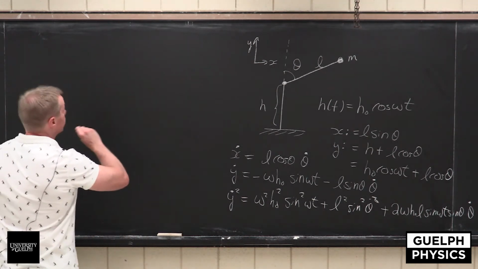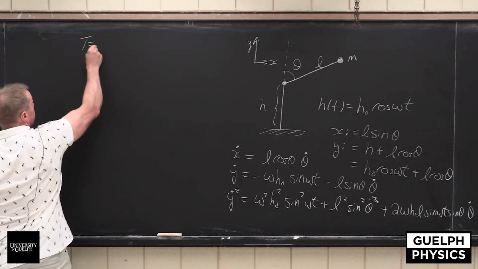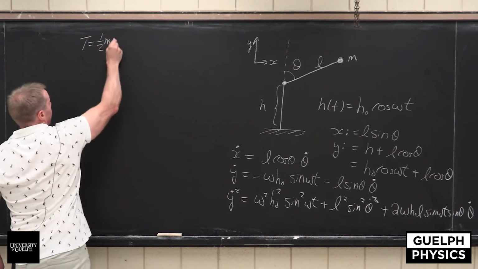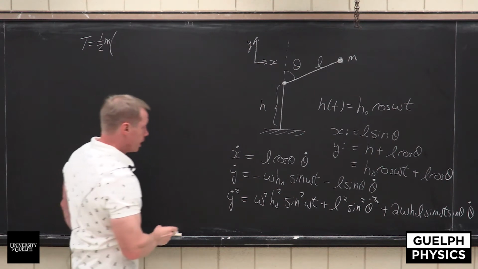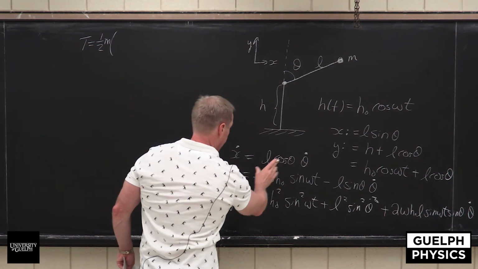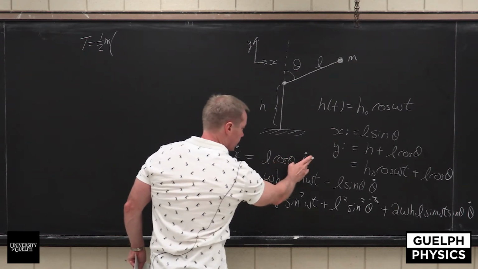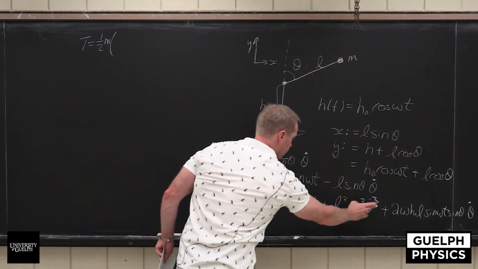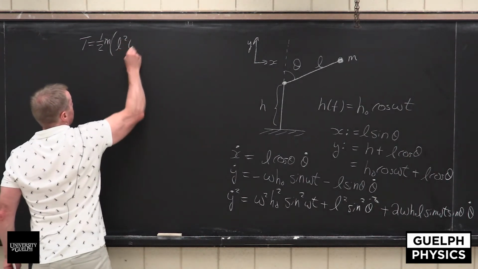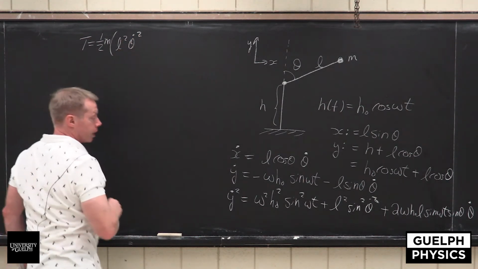So the kinetic energy in the system, I have a 1/2 m, and I'm going to have an L squared cos squared theta dot squared. There's an L squared sine squared theta dot squared. And so there'll be an L squared theta dot squared.